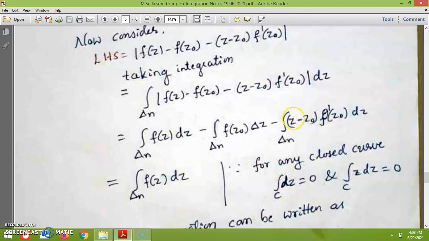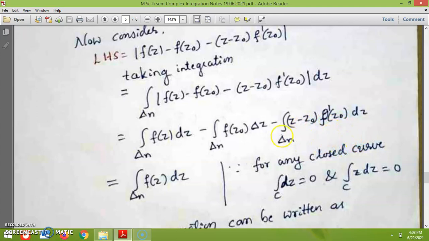So then we can take it here also, it is the derivative of f of z0. Since z0 is constant, its derivative is also constant. So you take it outside, and again the integration of z minus z0 over the closed domain, that is a triangle, is also 0 there.